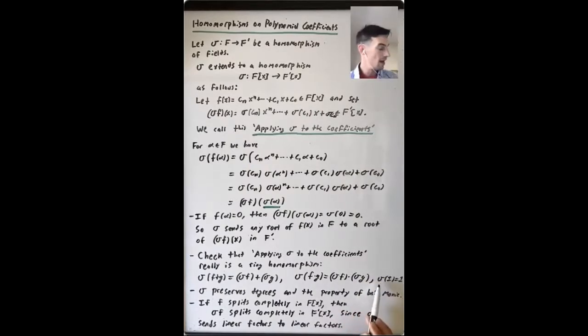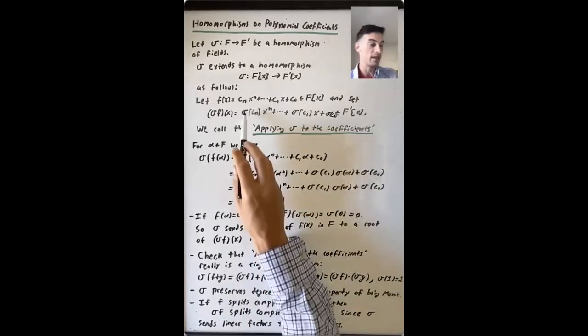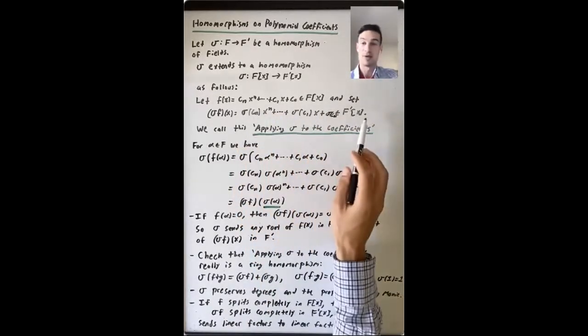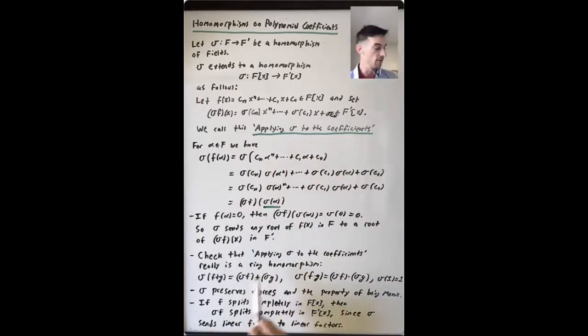And if you prefer for all of your ring homomorphisms to send 1 to 1, you should check that sigma of 1 is also 1 in these polynomial rings. Each one of these things is straightforward to check, just using the definition of what it means to apply sigma to the coefficients. So I'll leave these details for you to check.